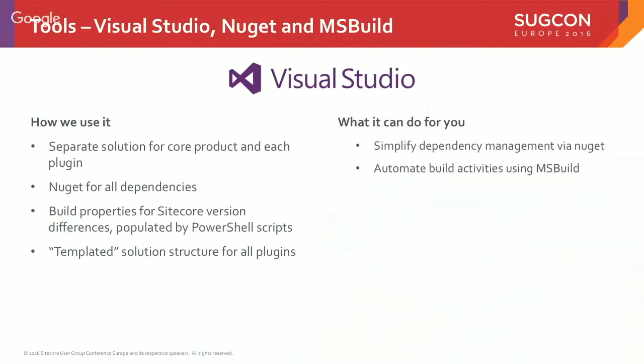Starting with Visual Studio, kind of obvious, but using NuGet for all our dependencies and separating the solution is really important. But then to support multiple Sitecore versions, we really took advantage of the power of MSBuild and the ability to have build properties that allow us to have dynamic references and dynamic code based on the version of Sitecore we're building against.